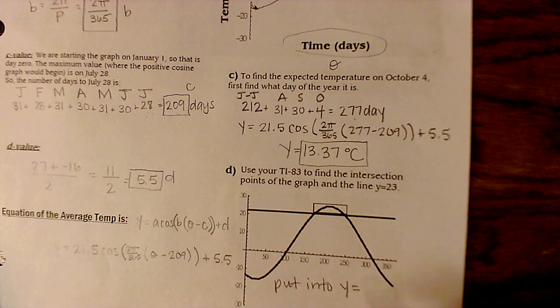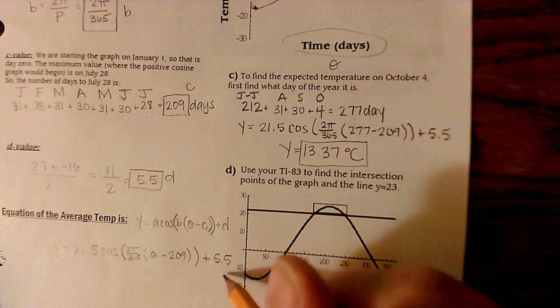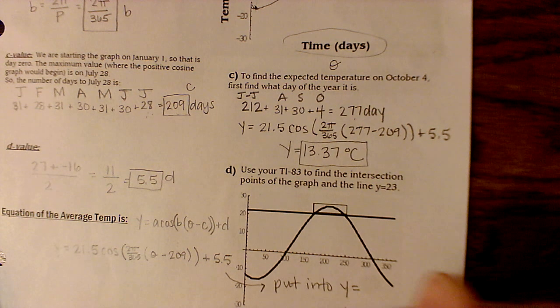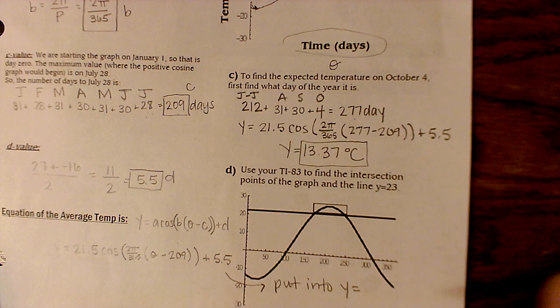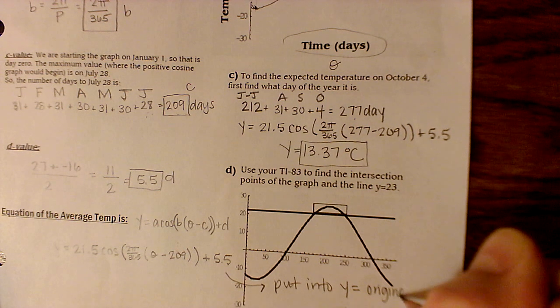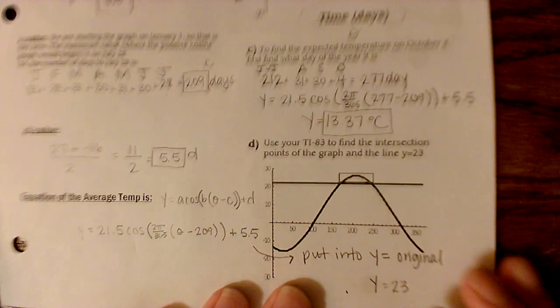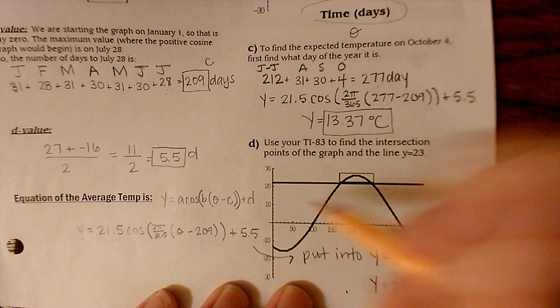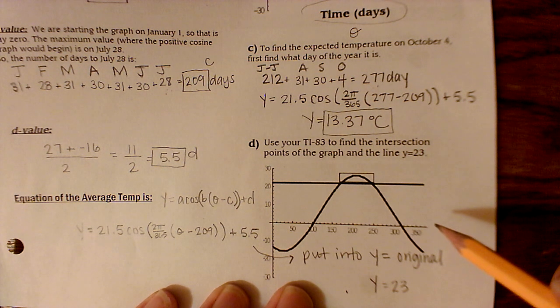And then we're also going to put y equals 23 into y equals. And when you graph them, you're going to get a graph that looks just like this here.